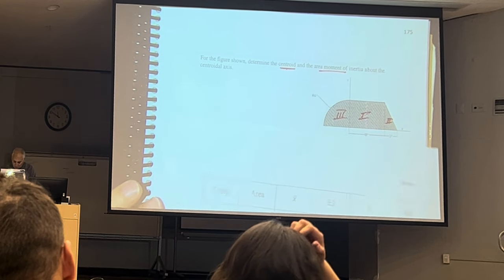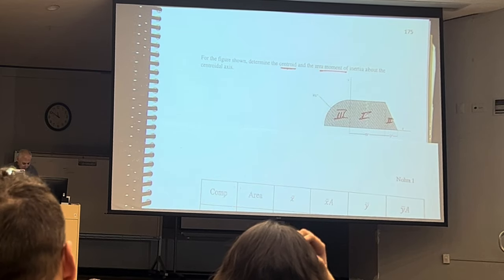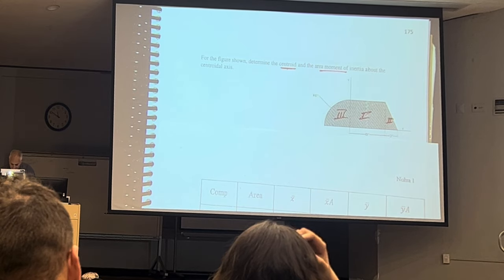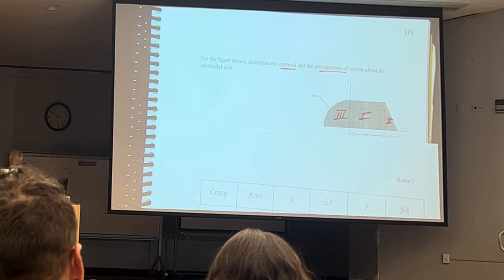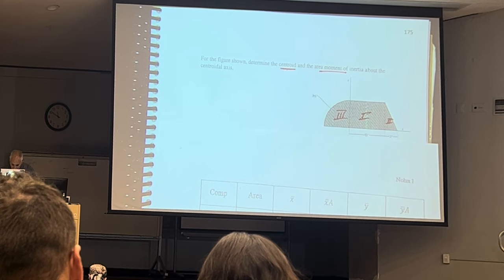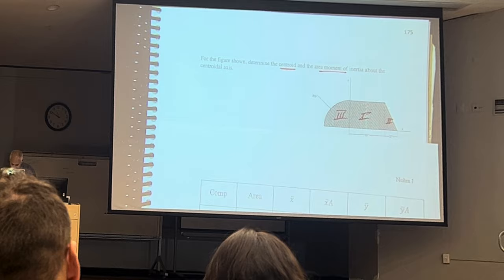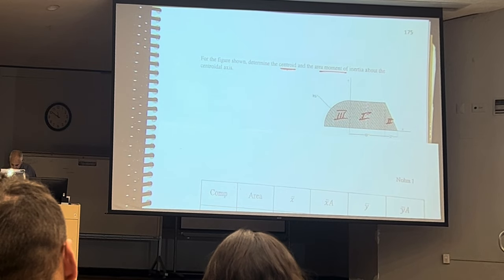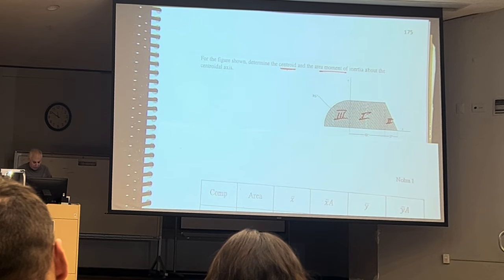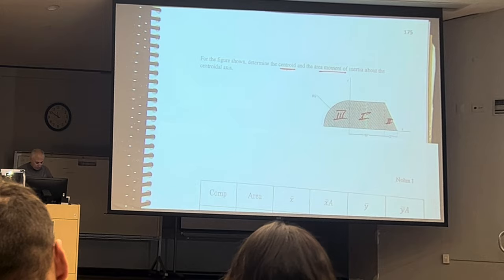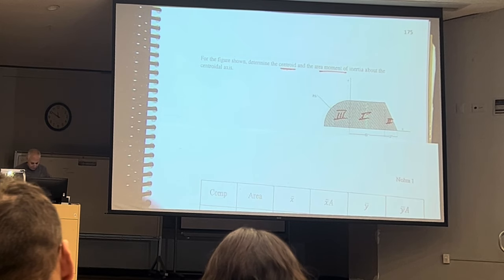So let's do the centroid first. Centroid says I've got a rectangle 1, a triangle 2, and a quarter circle 3. There is no cutout. Agreed?